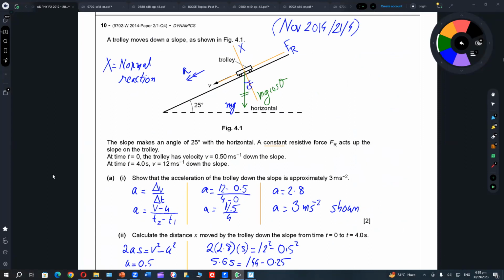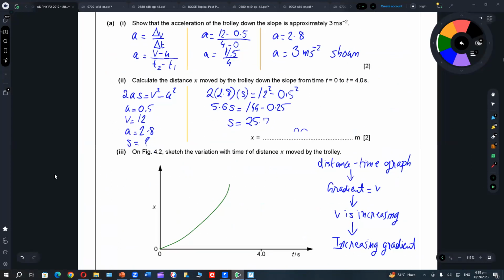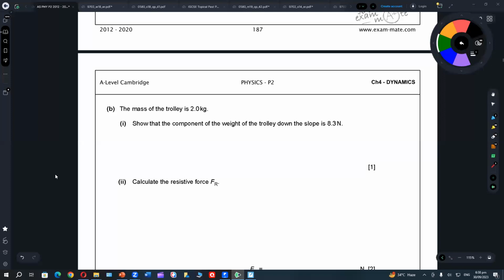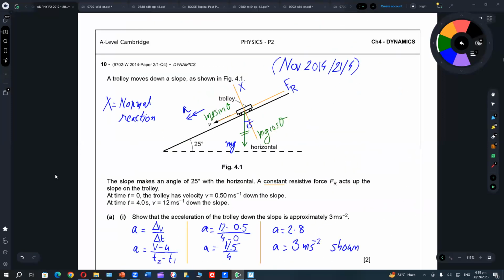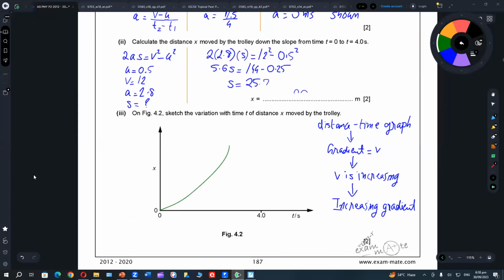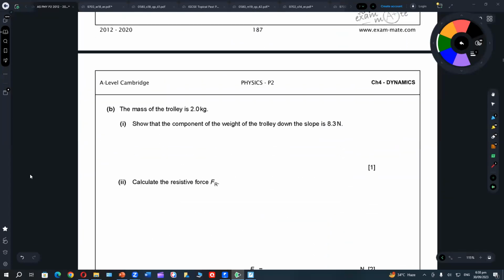I made a cut here and I write mg sine theta. I have resolved the weight. He says the component of the weight of the trolley down the slope, so he's talking about mg sine theta. Can you scroll up just to show it's theta?